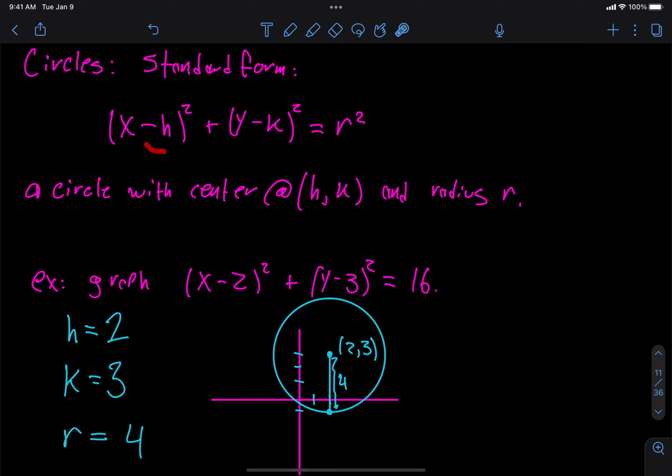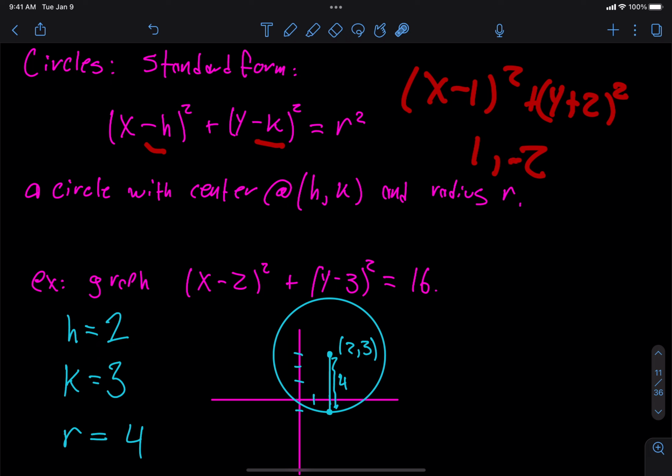So if I have something like x minus 1 squared plus y minus 2 squared, then the center is at 1 comma 2, okay? Or if I had a plus 2 here, then where would it be? 1 comma negative 2, right? Because subtracting a negative is what I do when I'm adding.